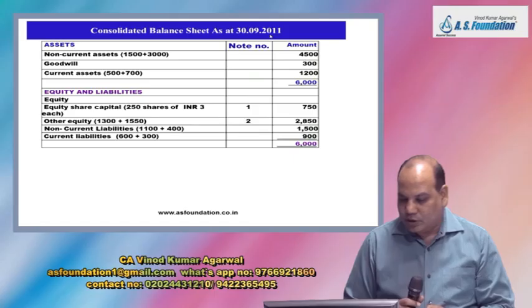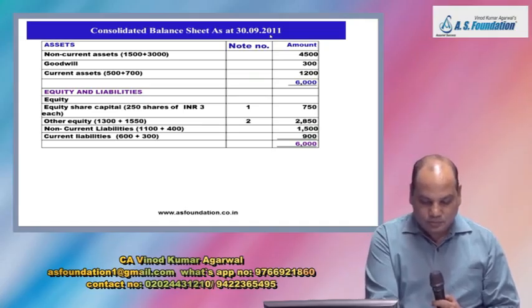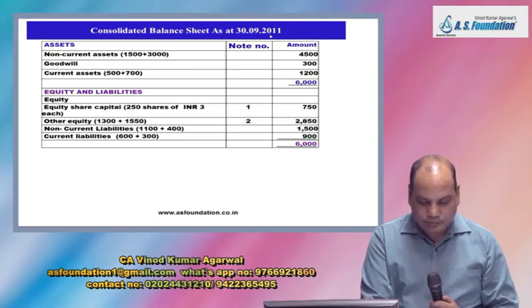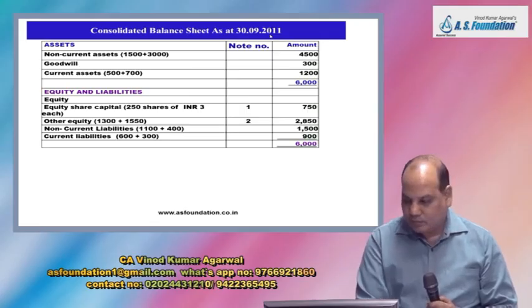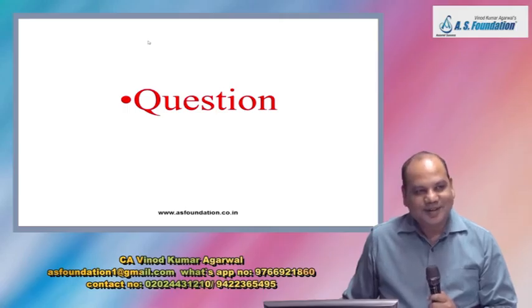Non-current liabilities 1500, current liabilities 900. Say yes. Yes. Total 6000. Now we will take a break.